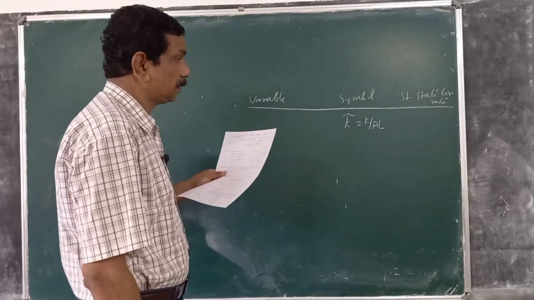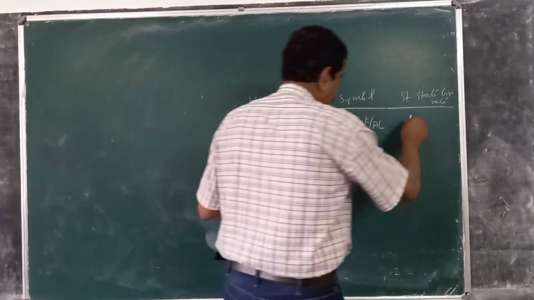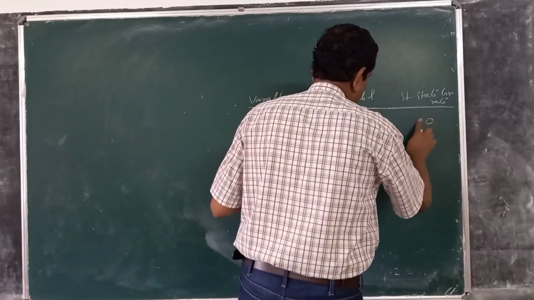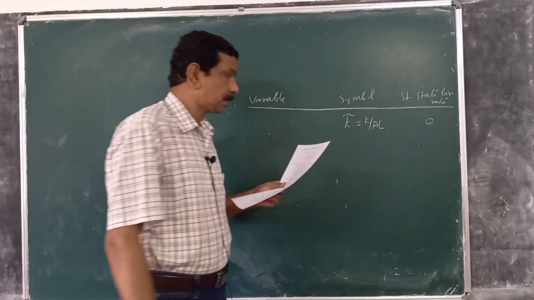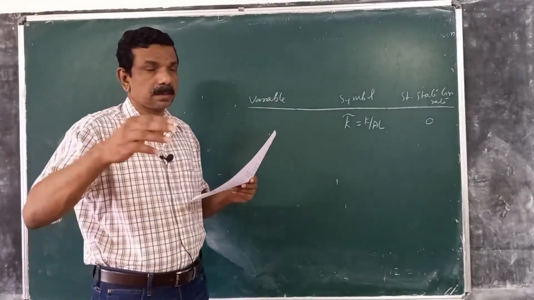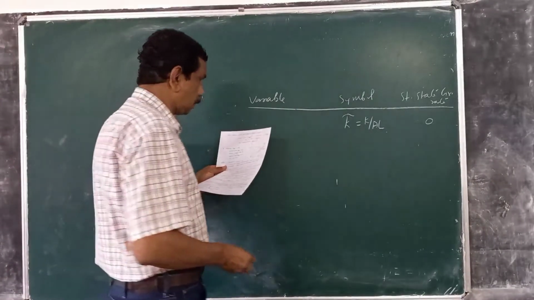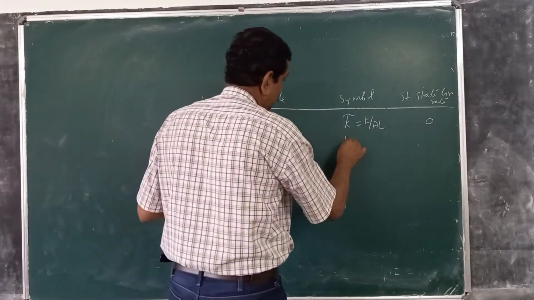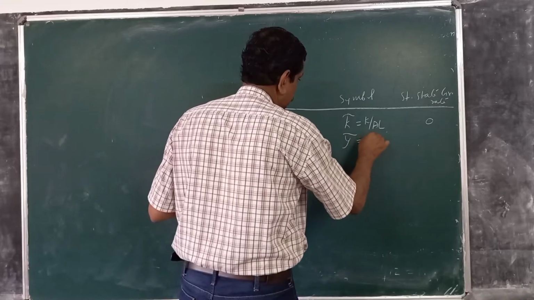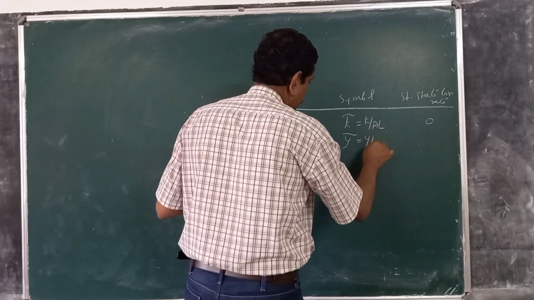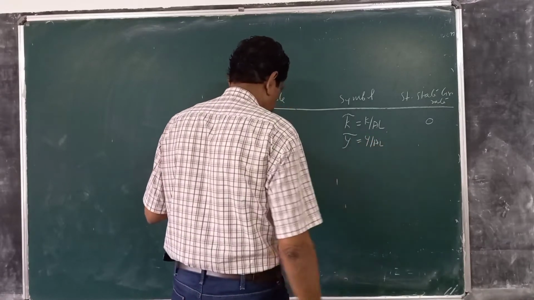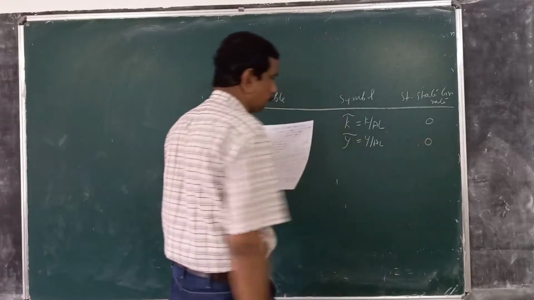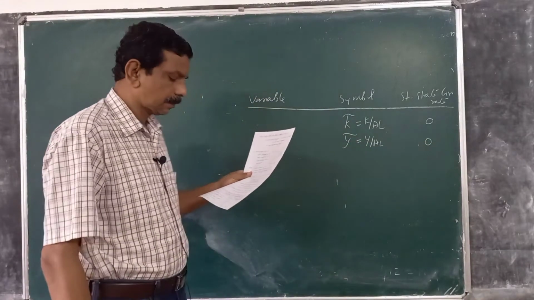Its steady state growth rate is 0; capital per effective worker is constant in the steady state. Then output per effective worker, Y tilde is equal to Y by AL. It is also not growing in the steady state.